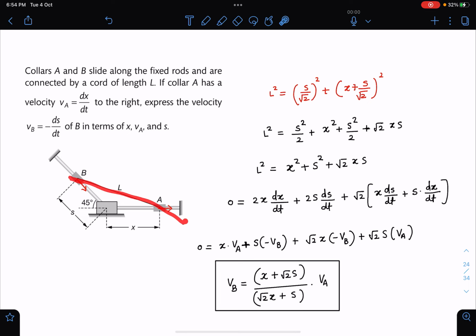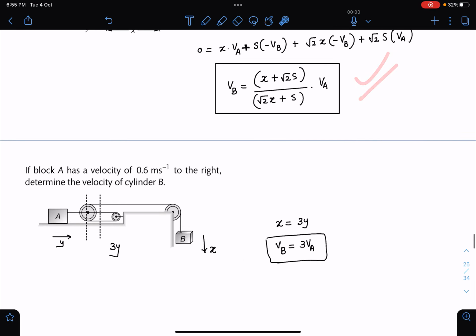Or what we can do is use Pythagoras theorem for this length L. Since this angle is 45, it is s by root 2, and this is x plus s by root 2, whole square. Simplify and differentiate, and a very nice answer will come. The same thing we will get from here also. Otherwise, if you take along the length of the string here, you'll get the same answer. I'm not explaining this part, you can just check.